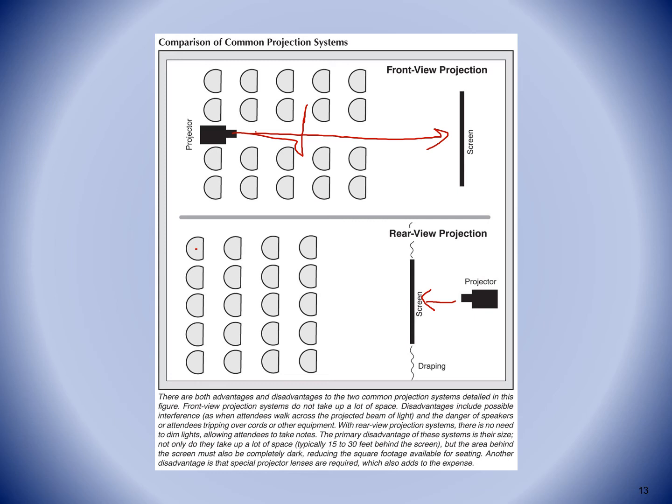That's 10. So that's about the same number of people, but you'll see that this rear projection takes up some space, and so we have to arrange the seating a different way. The front projector also requires a center aisle. And so there are all different types of considerations when identifying what type of projector is needed.